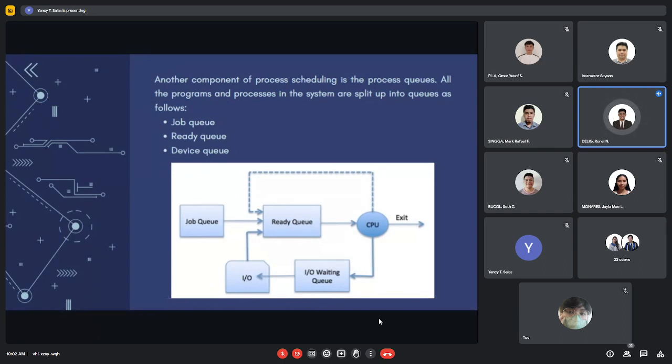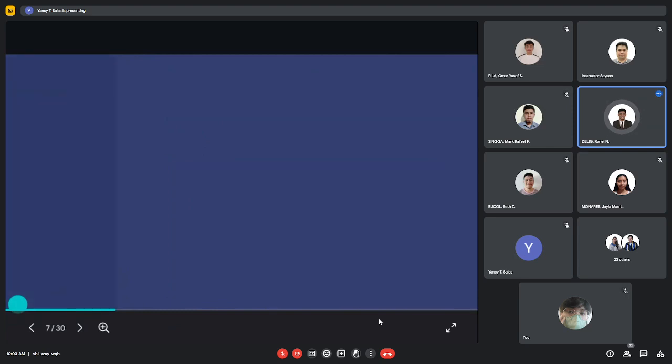So the higher priority process will be executed first in the CPU, and the process we had earlier will be swapped out and returned to the ready queue, waiting to be executed by the CPU. So that is like the medium-term scheduler, because it handles the swapping of the process.